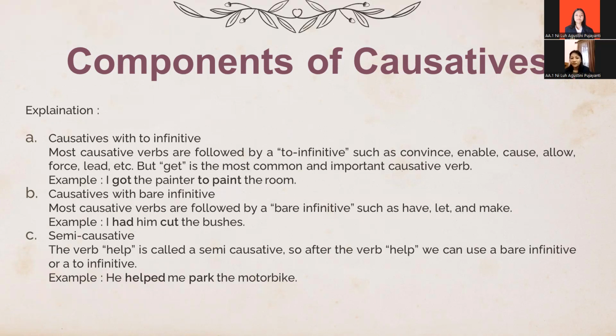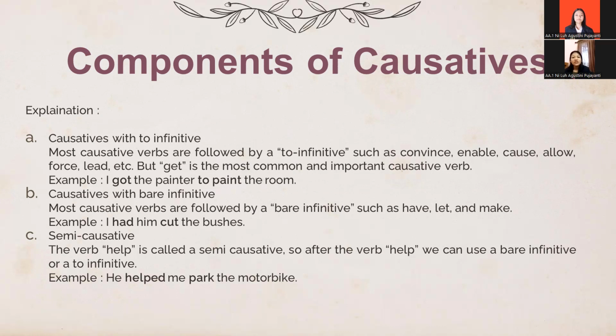Most causative verbs such as convince, enable, cause, allow, force, lead, etc. are followed by a to infinitive. But the most common and important causative verb in this group is the causative verb get. Check out the example. I got the painter to paint the room. So got is the causative verb and to paint is the to infinitive.